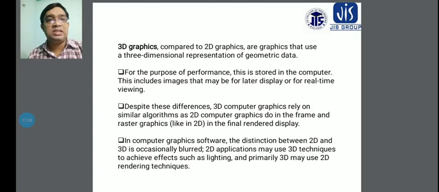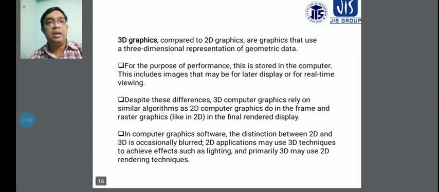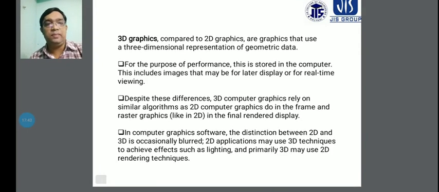Despite these differences, 3D computer graphics rely on similar algorithms as 2D computer graphics do in the form of raster graphics, like in 2D, in the final rendered display. In computer graphics software, the distinction between 2D and 3D is occasionally blurred. 2D applications may use 3D techniques to achieve effects such as lighting, and primarily 3D applications may use 2D rendering techniques.